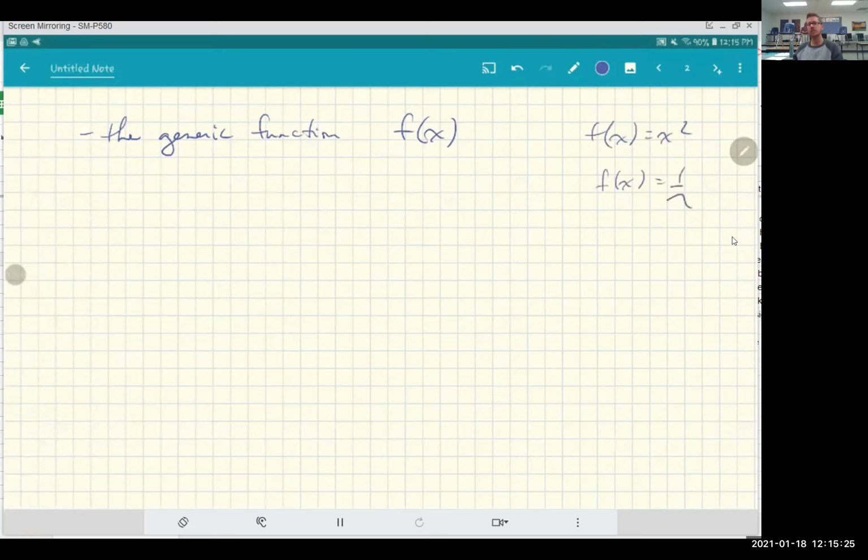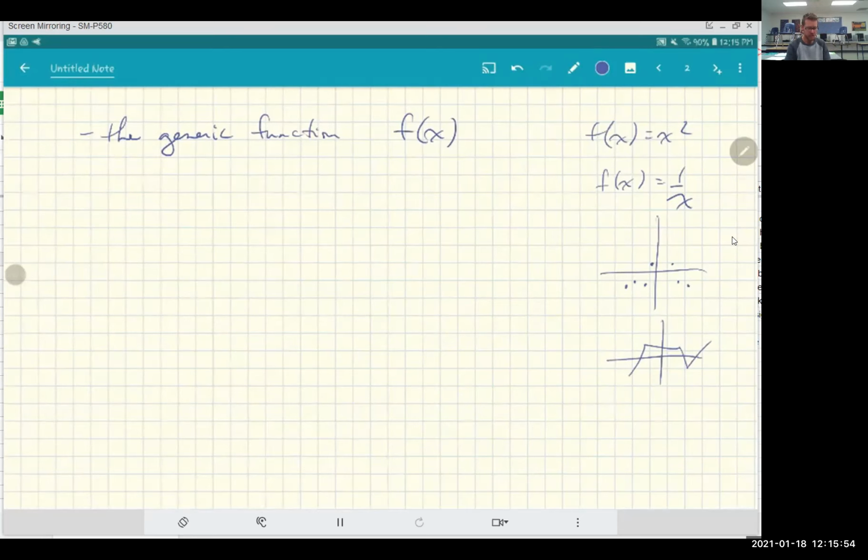In that case, f at x would be the quadratic function, or f at x would be the rational function. It could also be some random looking function like I gave you on your first test. It could be that this function is just a collection of dots, or some kind of weird line looking thing, something like this. It doesn't matter, because what we're talking about here is how transformations will affect any function.